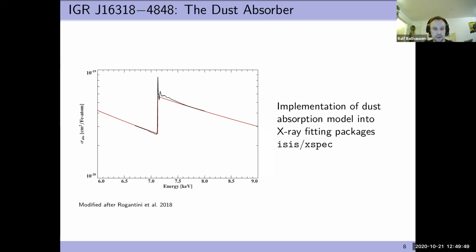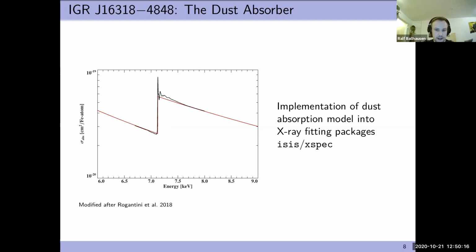And this is the example of olivine, where you see that this has this fine structure which we cannot resolve at the current resolution, but that even if you smooth this with a CCD response, for example, the edge will look slightly different. And in red is compared what the gas absorption cross-section would look like.